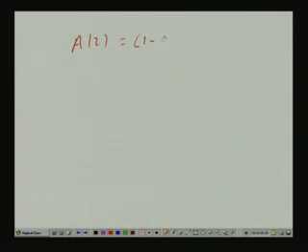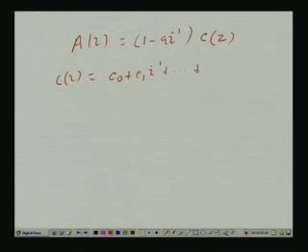So, our style is to write it like this: 1 minus q z inverse. So, at z equal to q, this is 0, obviously 1 minus 1, and the remaining is C z. What is C z? C z will be of degree P minus 1, this is very important. So, it could be something like C 0 plus C 1 z inverse plus dot dot dot plus C P minus 1.